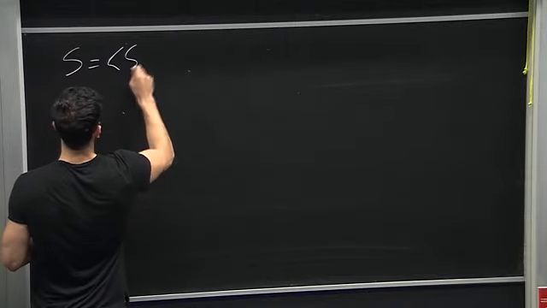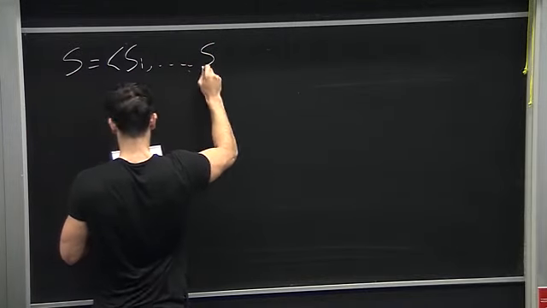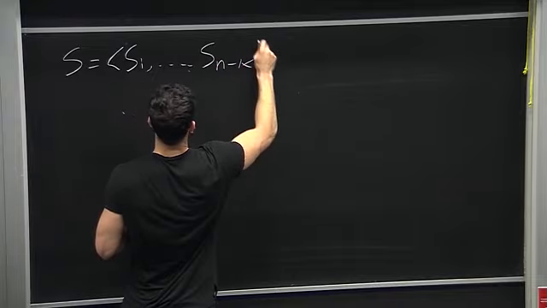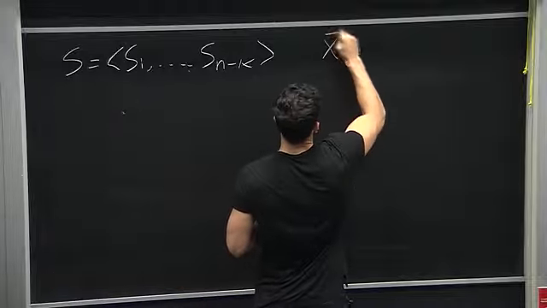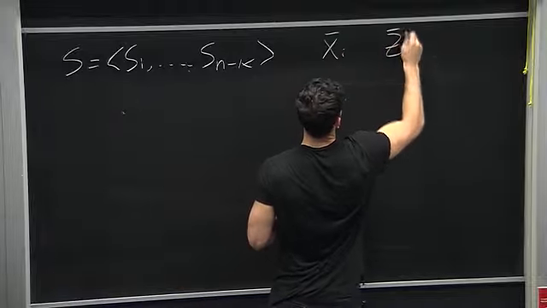So a stabilizer is given as so with n minus k elements, and it has the logical operators of this form.